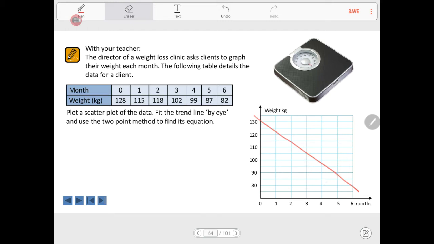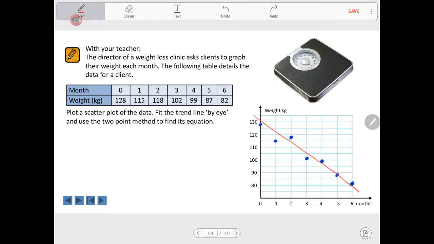Okay, we want to find 2 points on the line of best fit. So original data isn't needed anymore. But I'll just go back on that so that we have it there anyway.